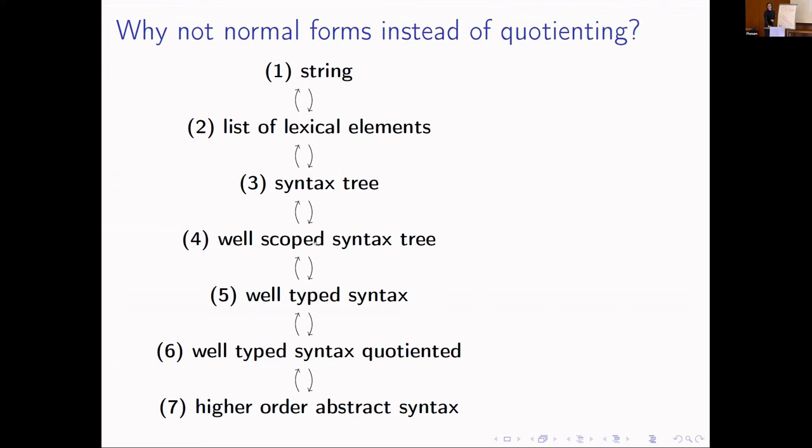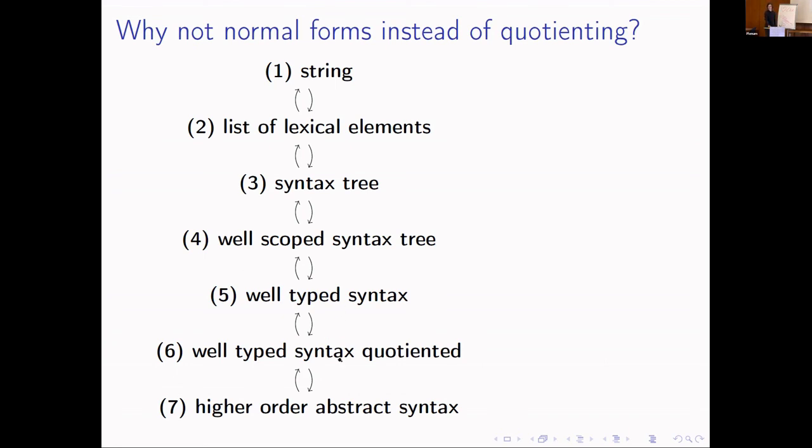Here, when going from syntax trees to well-scoped ones, I didn't define alpha equivalence as a relation, but I said I use De Bruijn indices. So I don't need an explicit relation, but when I went from well-typed syntax to well-typed syntax quotiented, I said that I want quotients. I don't want to work at a level where I only work with representatives, but I wanted to work with quotients.